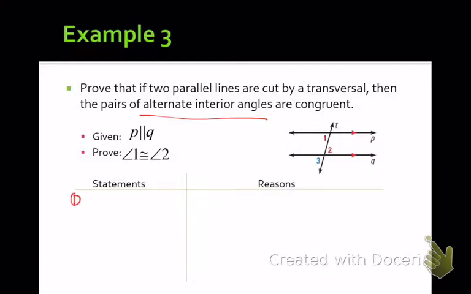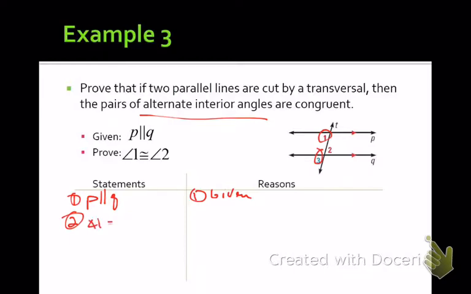So the first thing that always goes in your proof is the given information, which is that P and Q are parallel. Now, what do I know because of that, or from the picture? If P and Q are parallel, then I know that angle 1 and angle 3 have to be congruent.